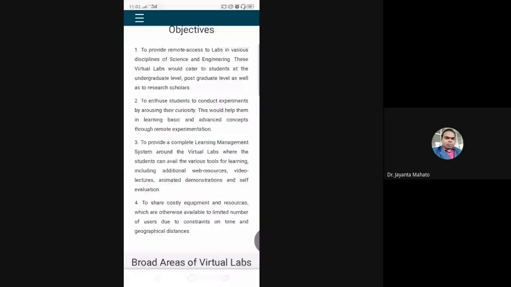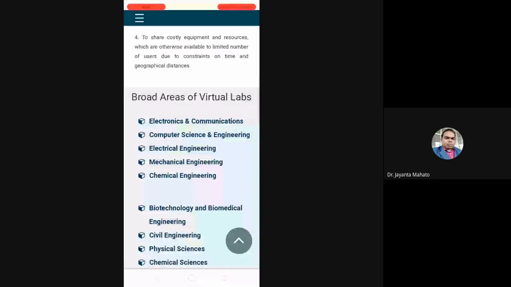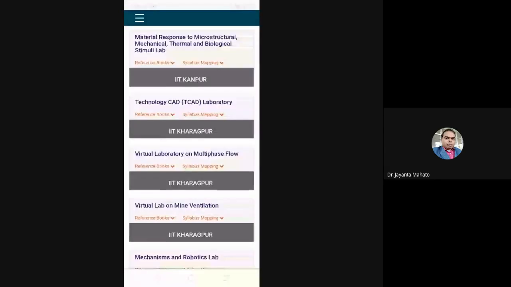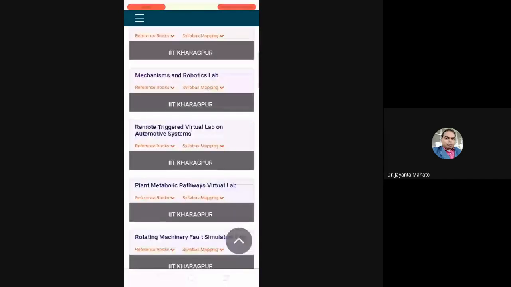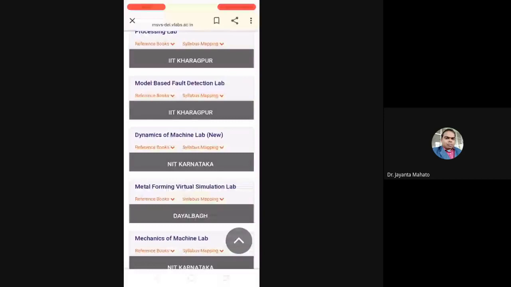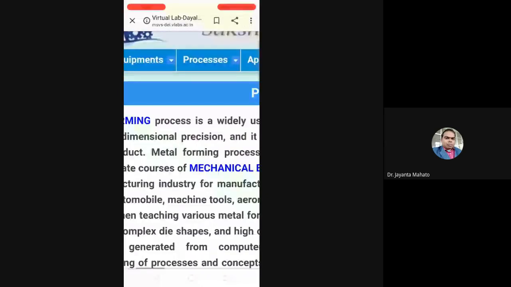So here is the mechanical engineering laboratory. Metal forging. Okay, I open this metal forging. Now process rolling.